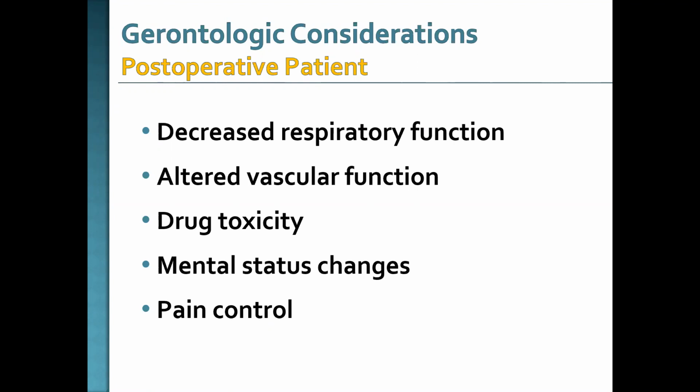Older adults may hesitate to ask for pain medications. They may have impaired communication or may have physiologic changes that affect how drugs are metabolized. So be very careful when assessing our elderly population and deciding on discharge and discharge criteria.